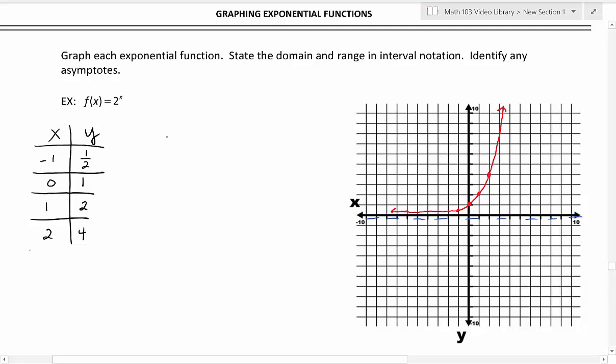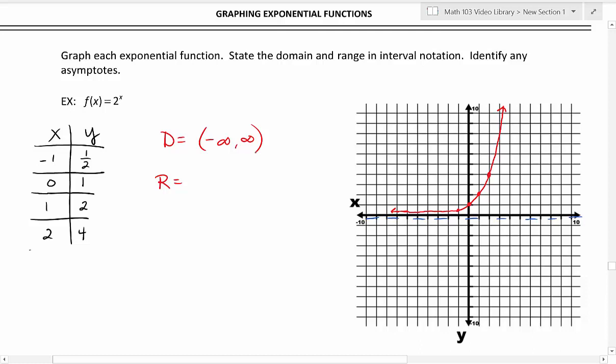We want to state the domain, the range, and the equation of any asymptotes. The domain of all of our exponential functions is -infinity to +infinity. We can also see that from our graph as we have an arrow pointing to the left and an arrow pointing to the right.